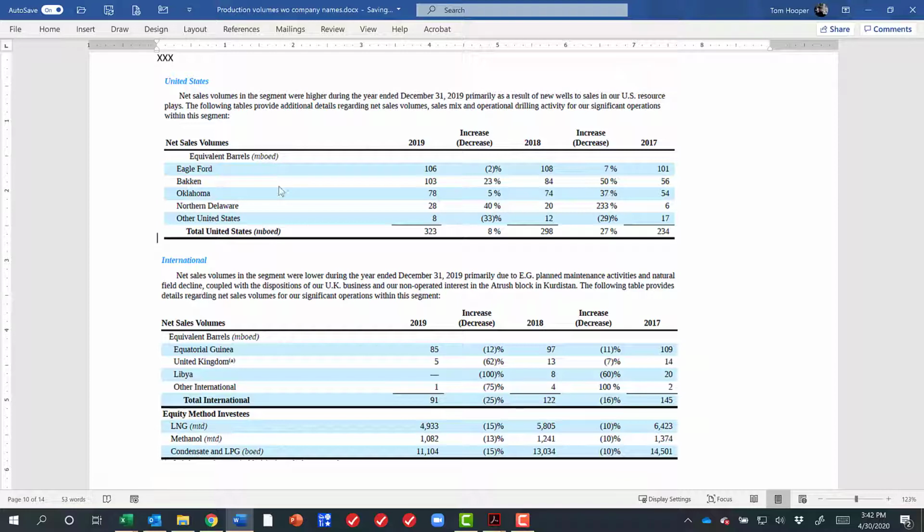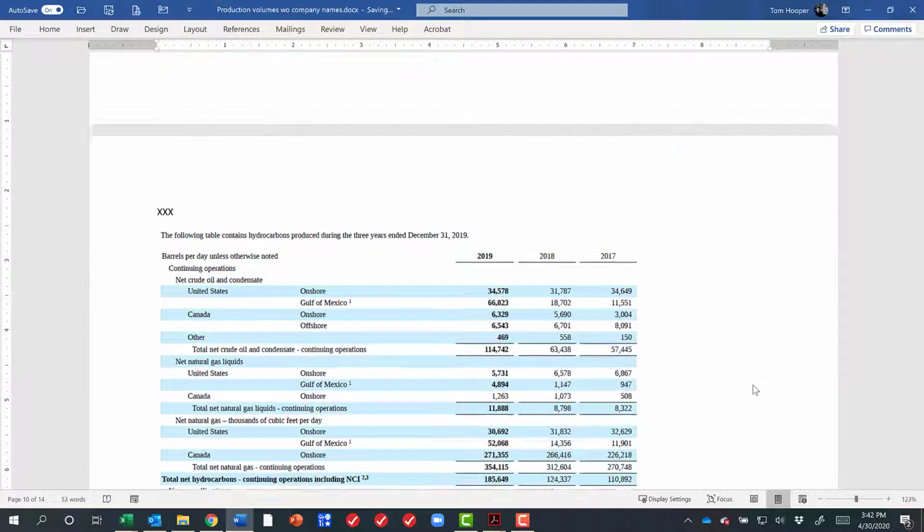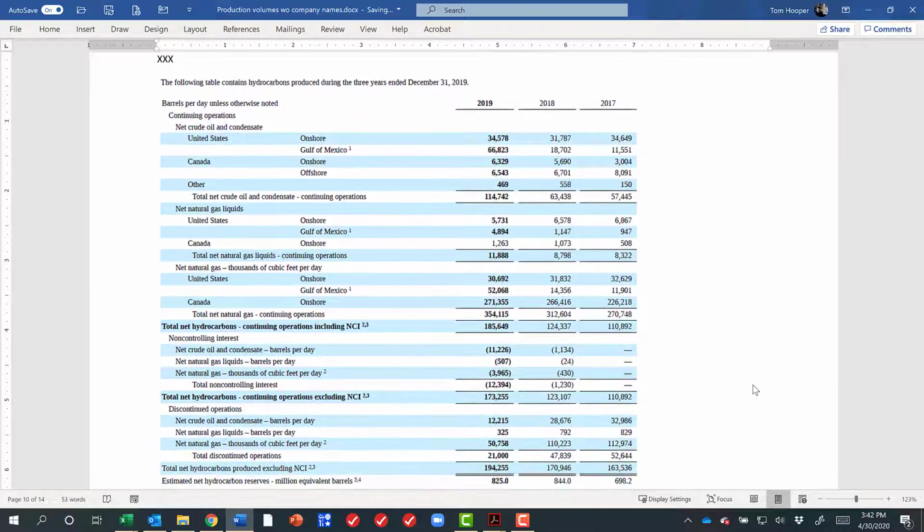I don't know if I just got in too big of a hurry when I was pulling this or if I couldn't find it elsewhere. But I also couldn't find total United States plus international in any single place. So this may have been a Canadian-based company, and I certainly won't throw anything like that at you at the exam. On the exam, this one looks more straightforward.